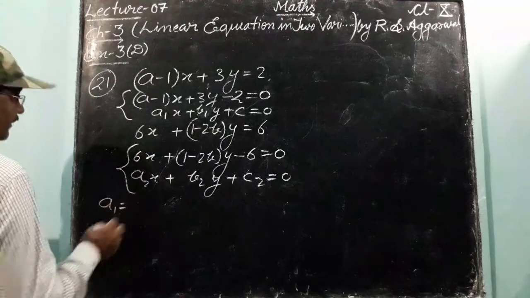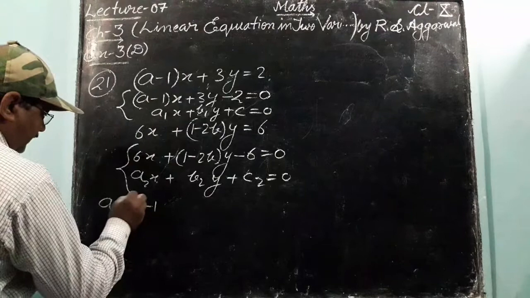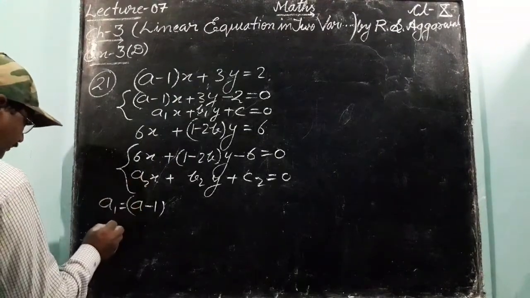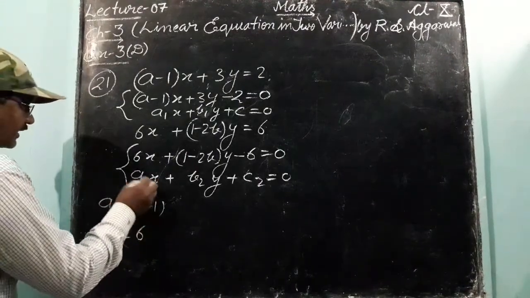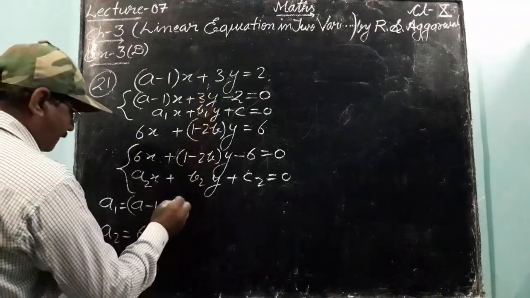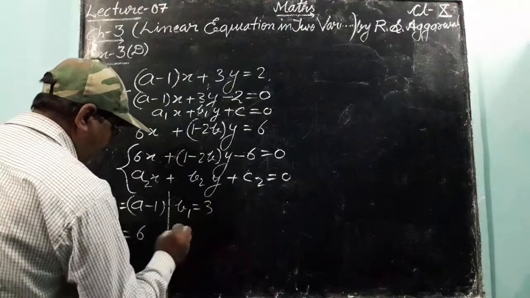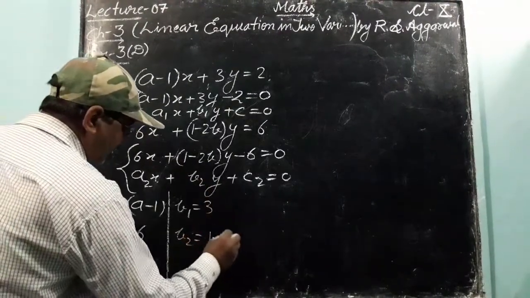Therefore a1 is equal to a minus 1, a2 is equal to 6, b1 is equal to 3, and b2 is equal to 1 minus 2b.